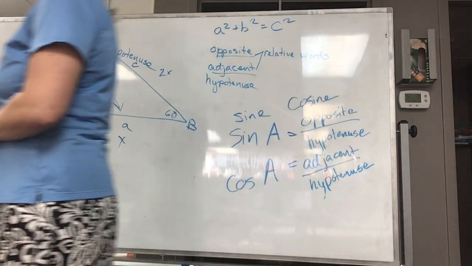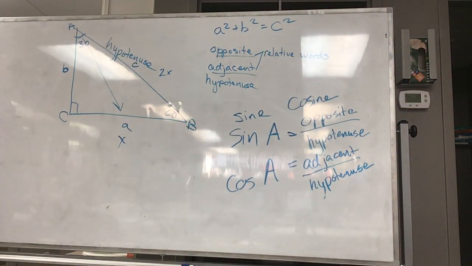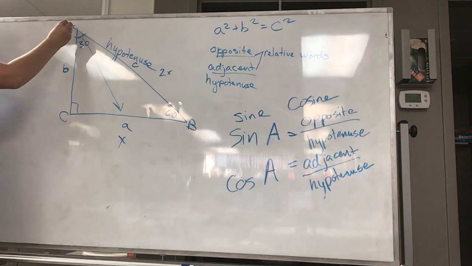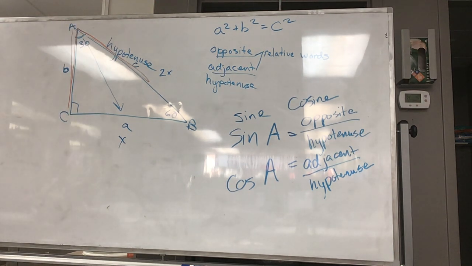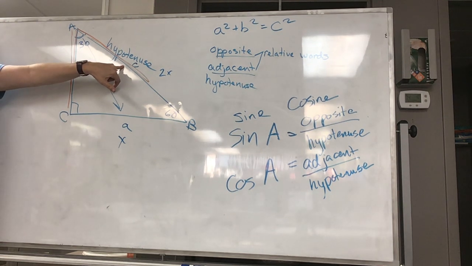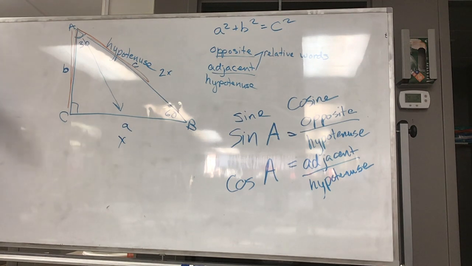Best way to find adjacent: adjacent helps make the angle. And so we're tracing over the two sides that make angle A. This one's the hypotenuse. It's the long one, it's the one across from the right angle, it's the one that always stays the same. And so this has to be the adjacent.